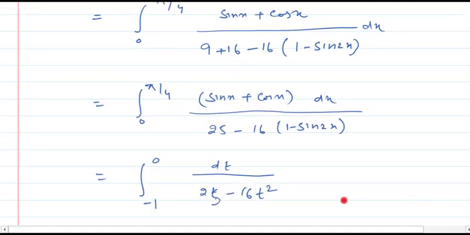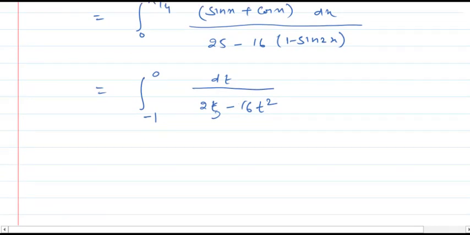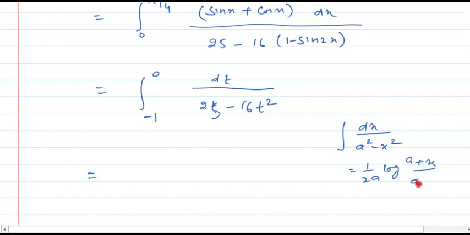Now you know very well what to do. This is simply the well-known identity of integration, which is, let me write it for you, dx upon a square minus x square is equal to 1 upon 2a log of a plus x upon a minus x. So let us apply this over here.